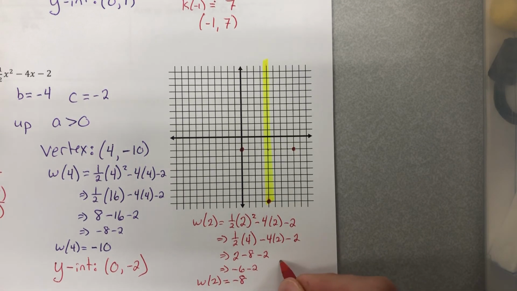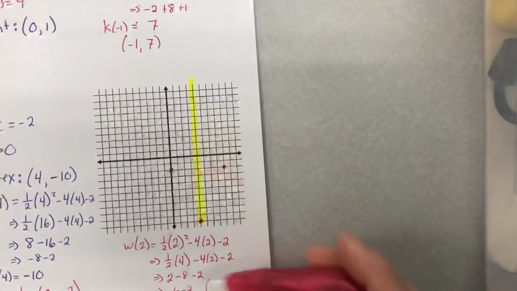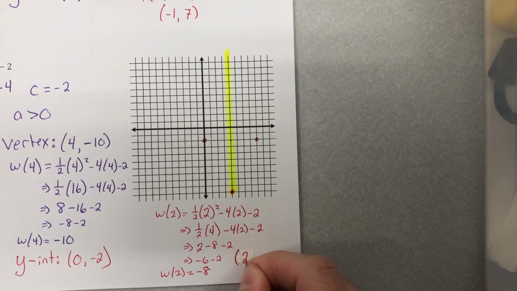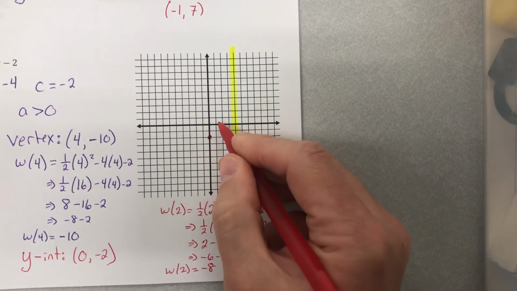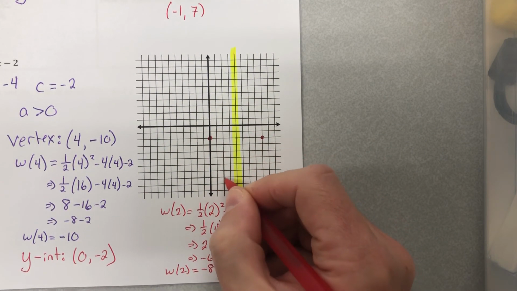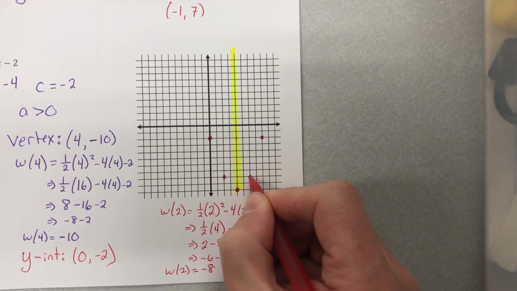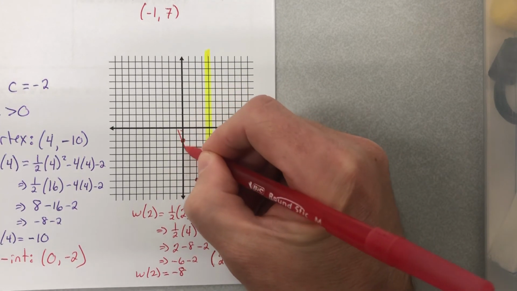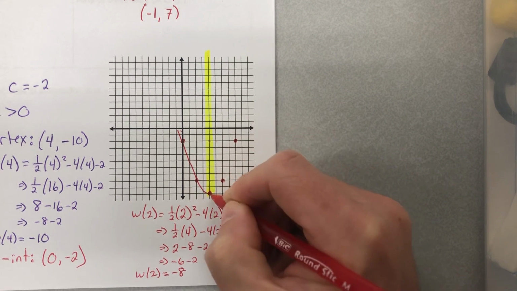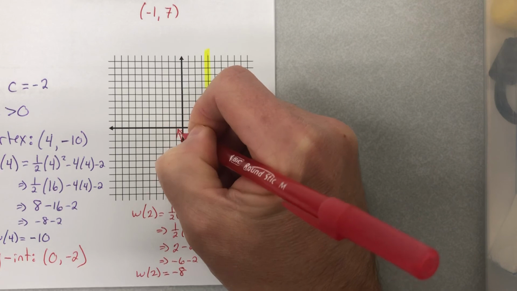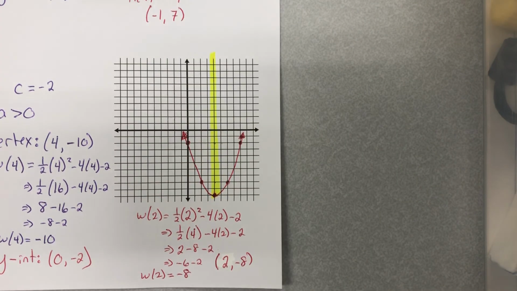So this is the point 2, negative 8. This point is 2 to the left of our axis of symmetry, so we go 2 to the right. We connect these with a curve. And we have our points in order to graph these.